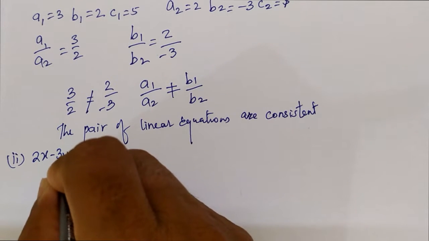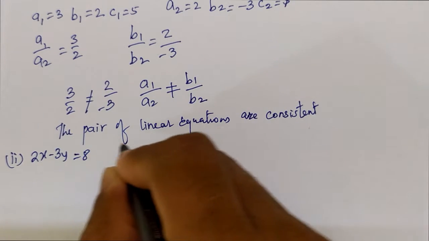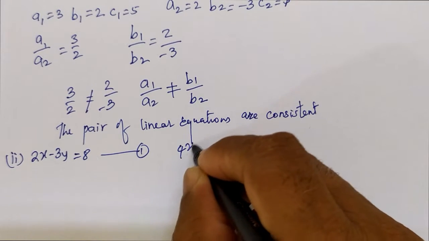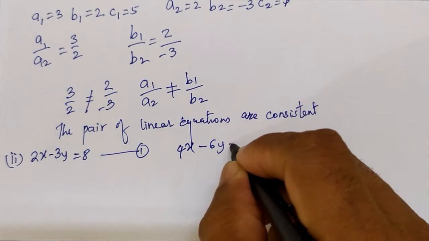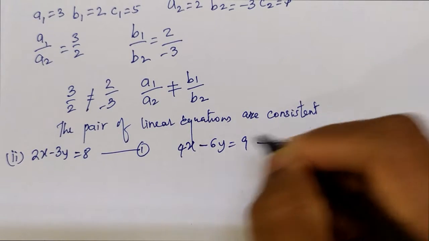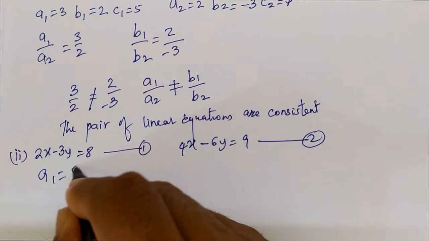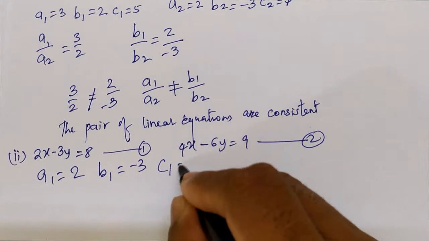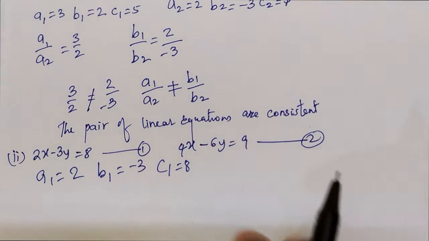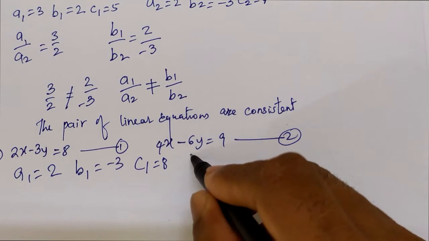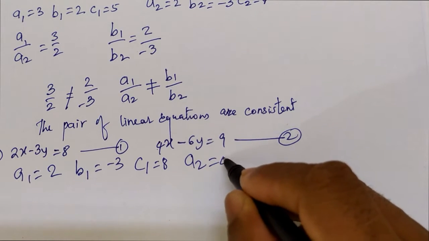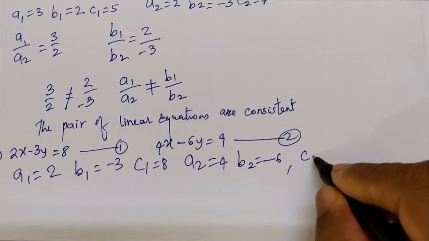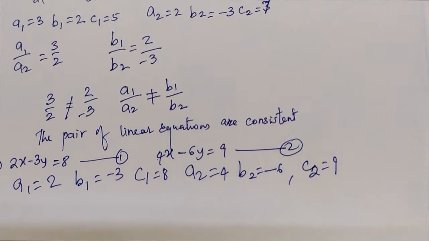2x minus 3y is equal to 8, and the second one is 4x minus 6y is 9. So we'll write down A1 is 2, B1 is minus 3, C1 is 8, the constant term. Also A2 is 4, B2 is minus 6 and C2 is 9.